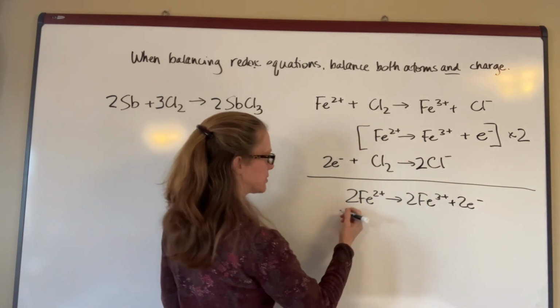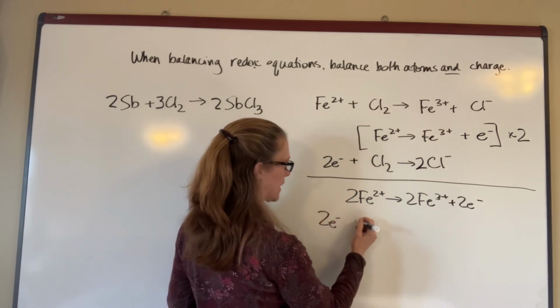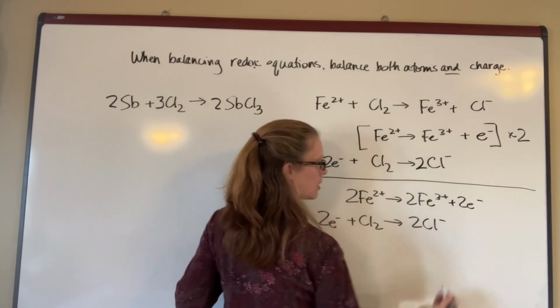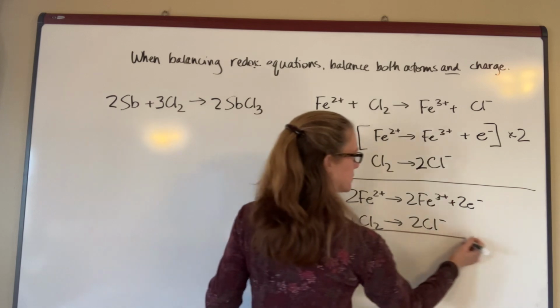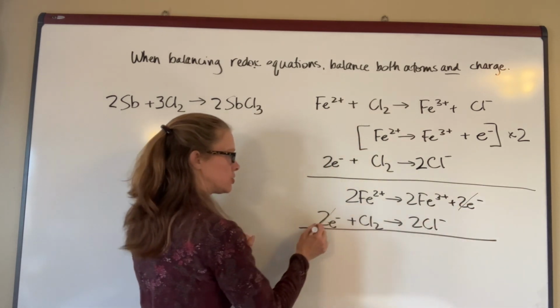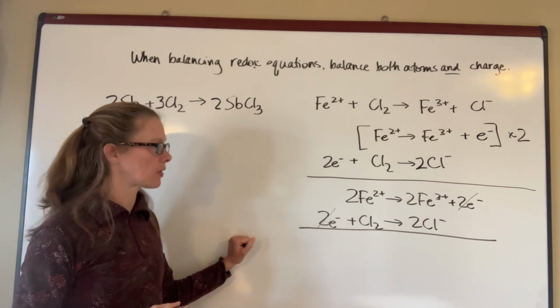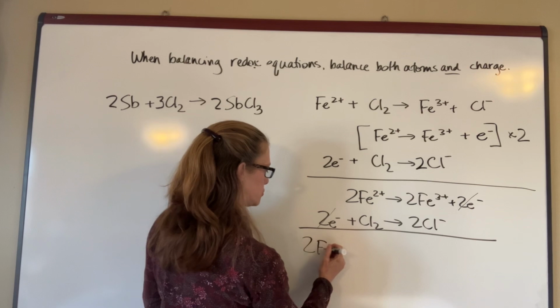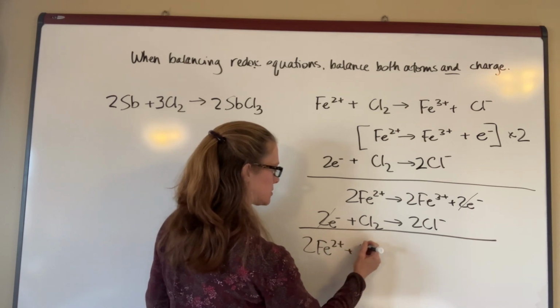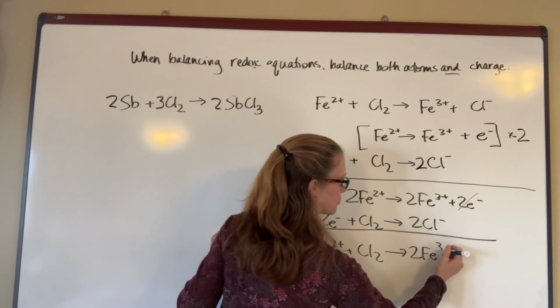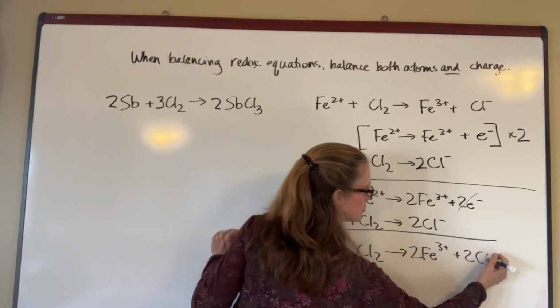And then I'm going to have the same equation on the bottom that I already have. Then I'm going to have to add them together. Now you can see that I've got 2 electrons on this side and 2 electrons on this side, and they're going to cancel out. So that makes my final equation 2 Fe2+ plus Cl2 yields 2 Fe3+ plus 2 Cl-.